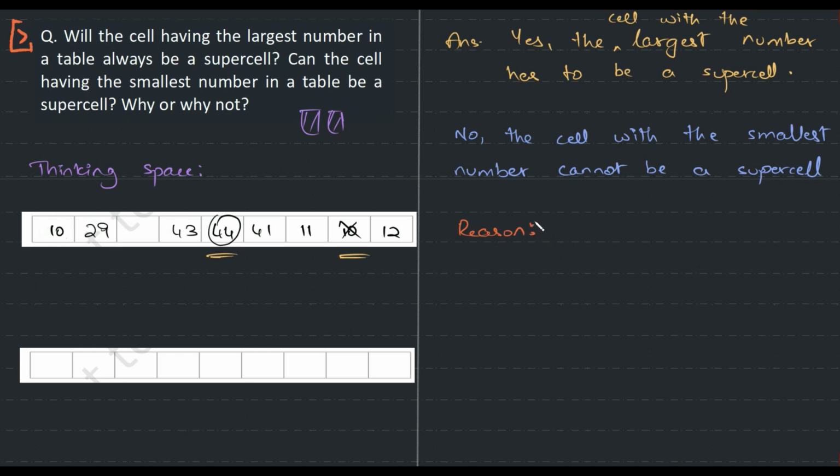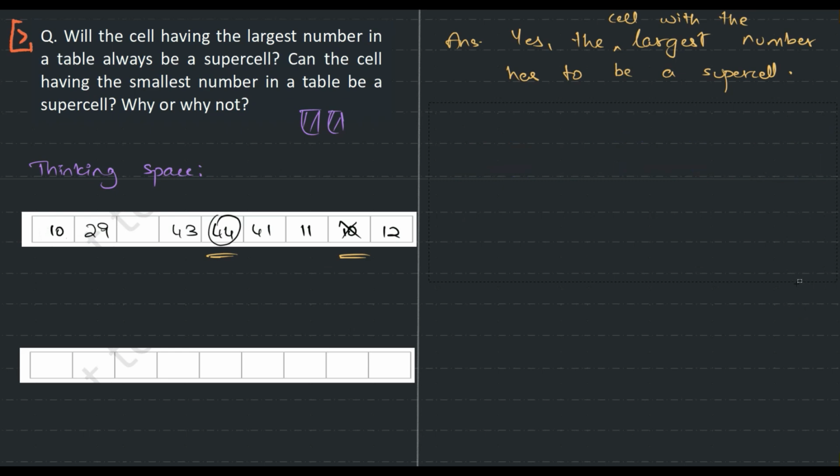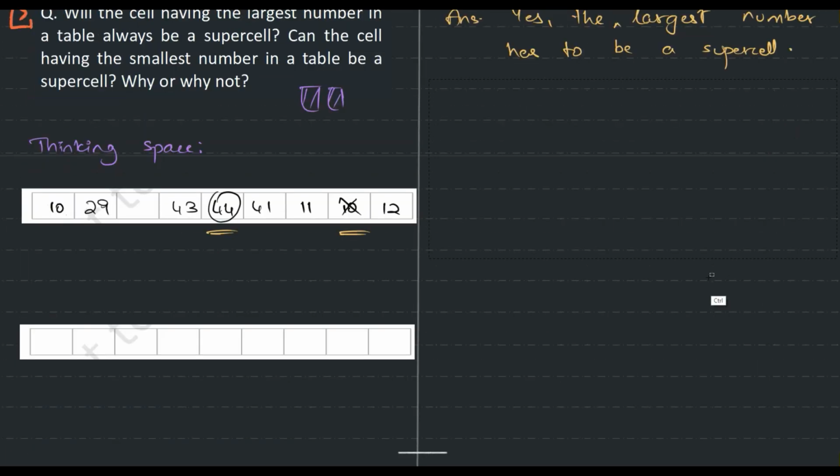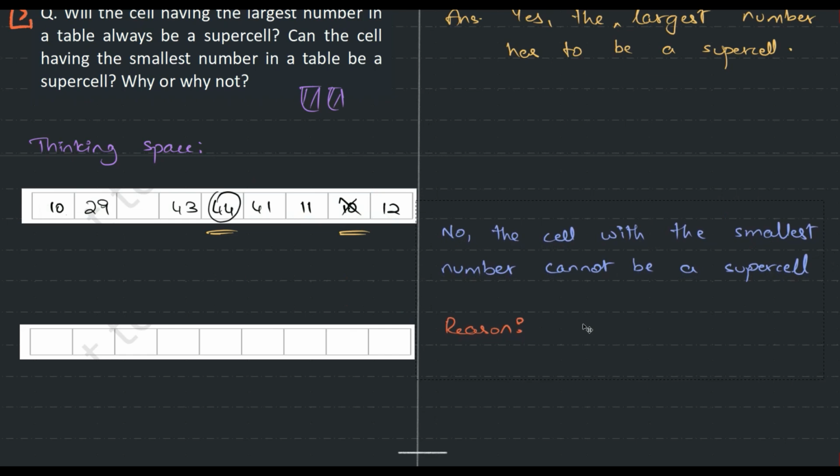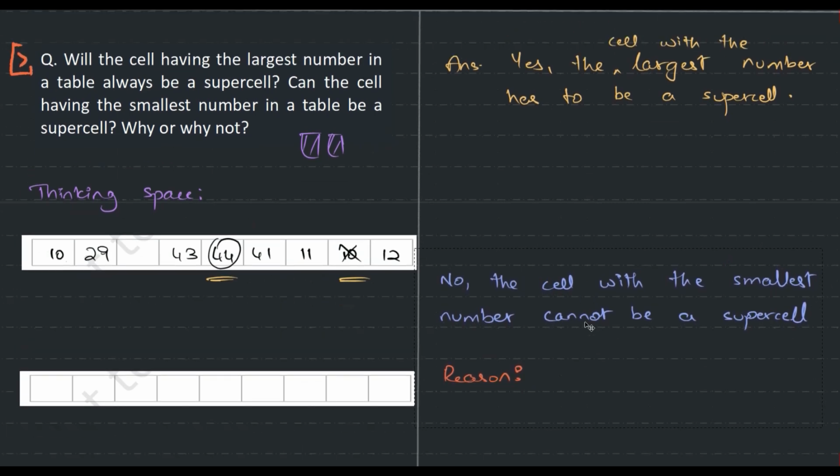Reason. Actually, I should be writing this individually. That would be better. Okay, I don't have space. I need to write it here itself. Okay, reason. Why is it so? Yes, the cell with the largest number has to be a supercell. Largest number is over here.